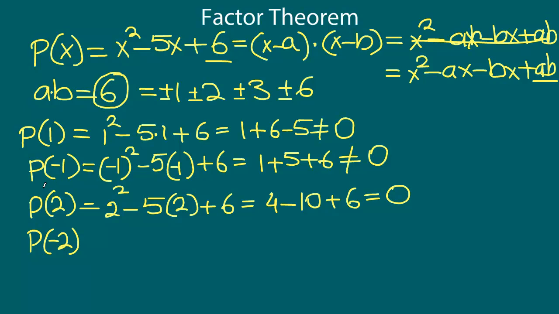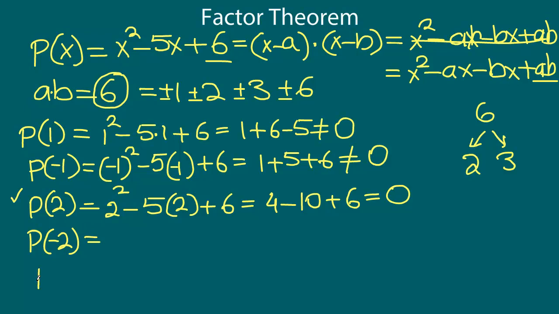So we have found our first factor, which is 2. What about minus 2? We know that if one of the factors is 2, the other factor cannot be minus 2, because we are trying to break 6 into 2 numbers. So if the first number is 2, then the other number has to be 3. So we will save a little bit of time.